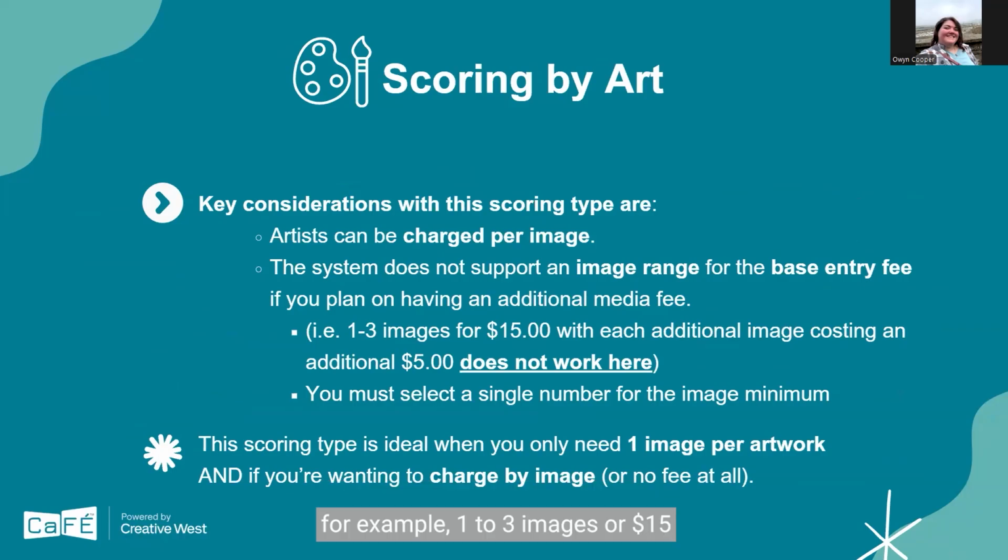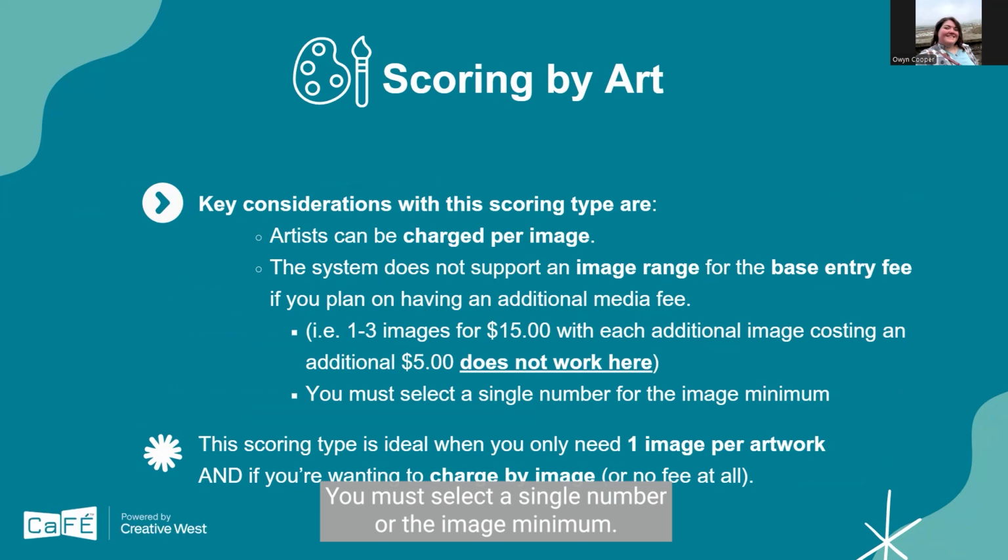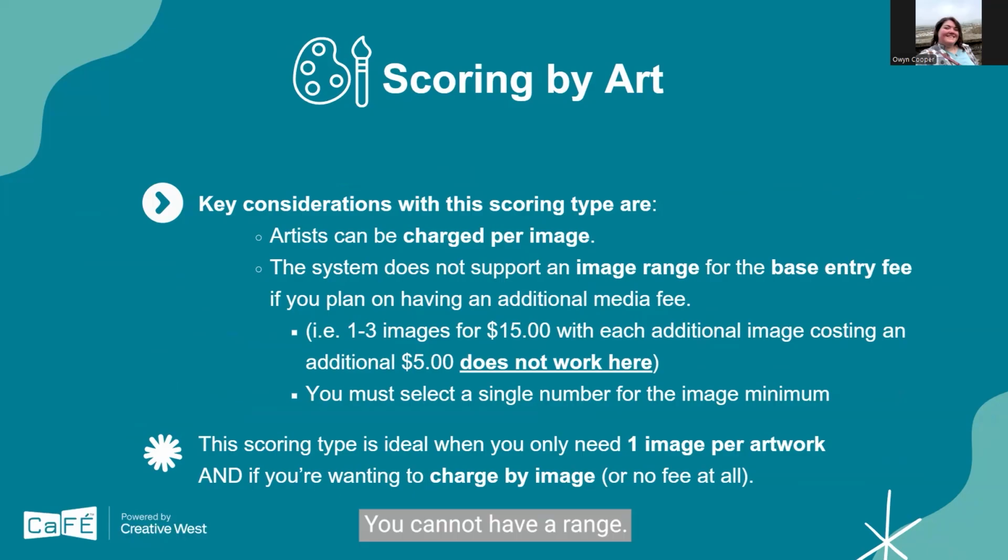For example, 1 to 3 images for $15, with each additional image costing an additional $5 does not work here. You must select a single number for the image minimum. You cannot have a range.